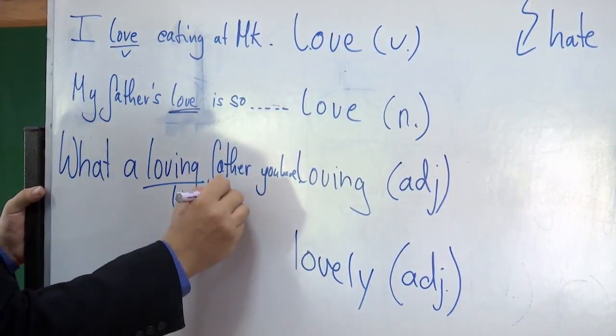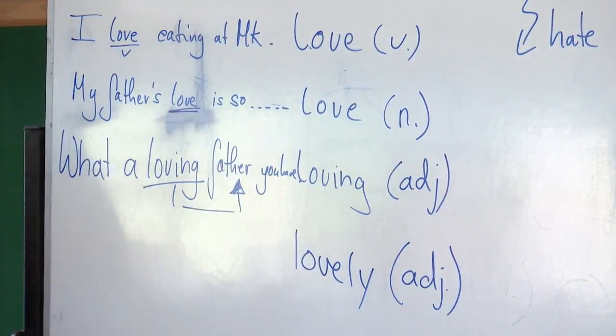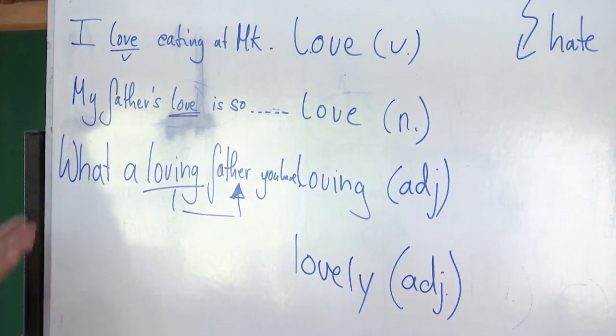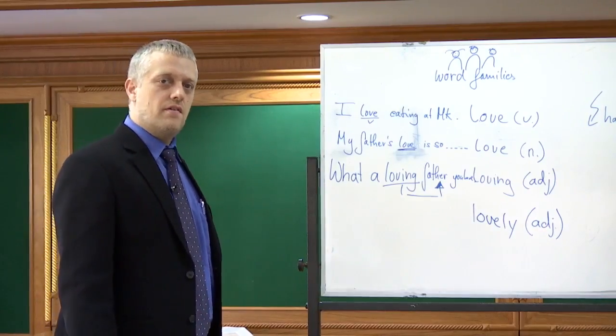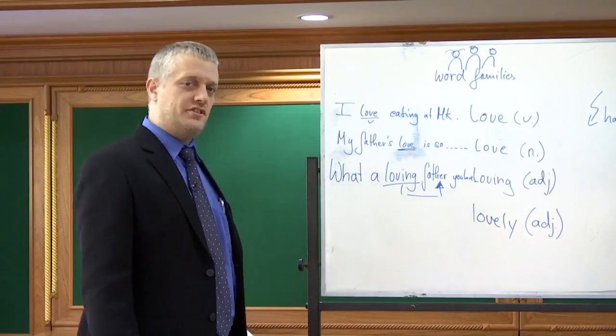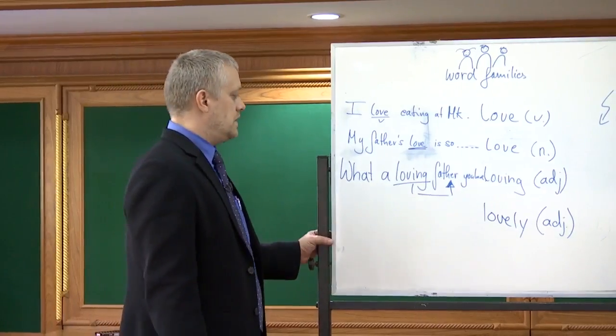Loving gives more detail to the father. He's a caring father. He's a warm father. He's also friendly to others. What a loving father you have. What a caring father you have. The adjective gives more information to the noun, which is father.